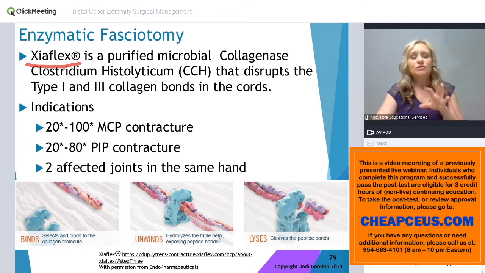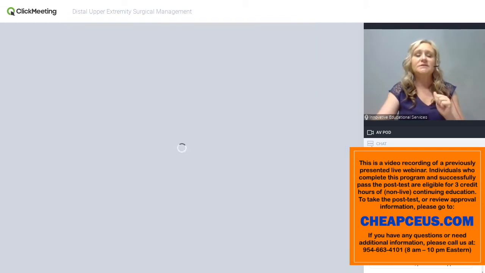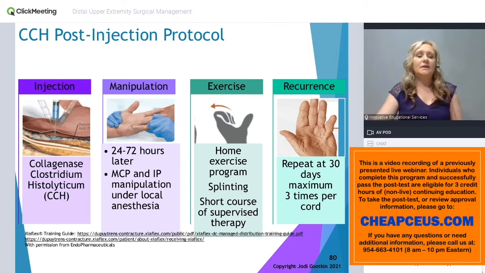This is very closely regulated by the FDA because it is extracted from bacteria. It was first approved in 2010 for one cord in the hand, and then in 2014 they said, okay, it's safe enough to inject 2 areas. So the physician injects at the apex of the cord, and then they're going to wait about 24 to 72 hours.